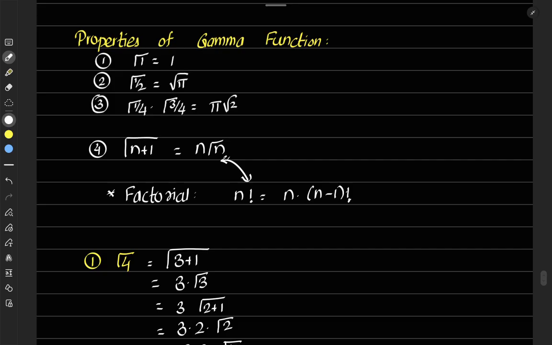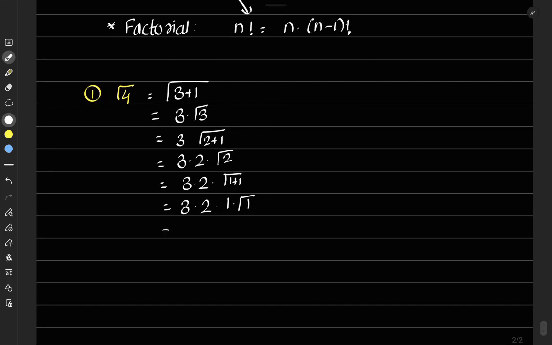But we already saw gamma 1 is 1. So using that property, we get 3 into 2 into 1 into 1. So finally gamma 4 is 6.